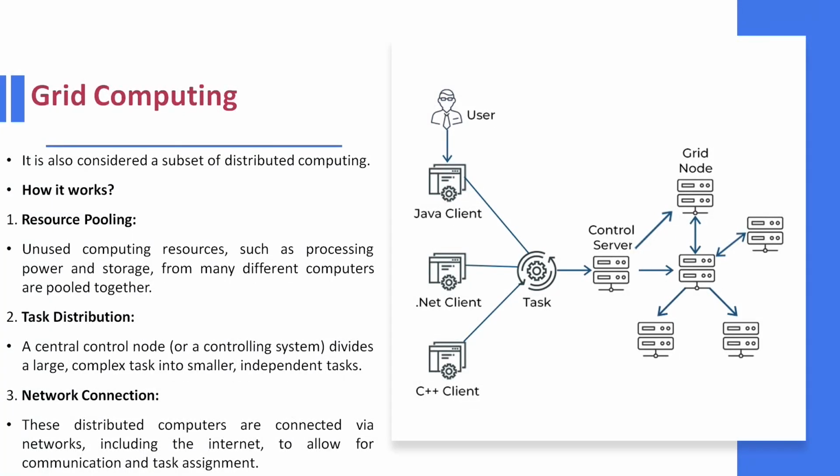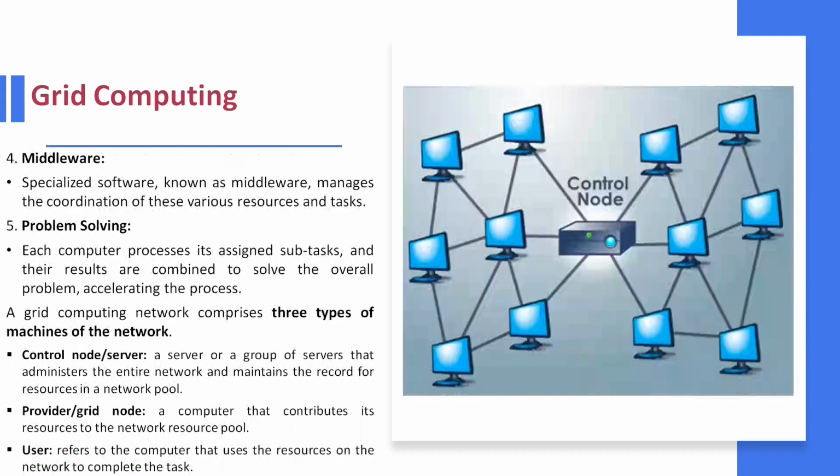Next is network connections. These distributed computers are connected via networks, obviously, because you are using resources from different locations, different nodes, different computers, with the help of the internet to allow communication and task assignment. The fourth one is middleware. It is specialized software that manages the coordination of these various resources and tasks.